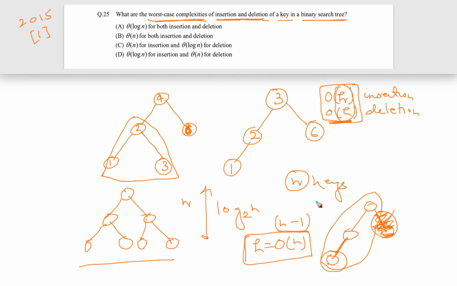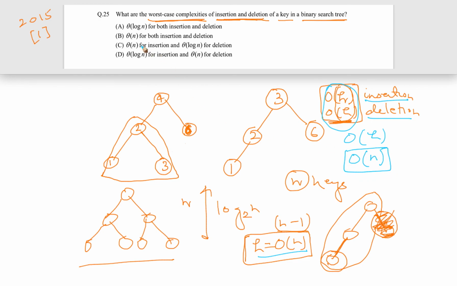But we already understood that our insertion and deletion algorithm takes order h time. But what is h? h is order n. So our insertion and deletion algorithm in the worst case will take order n time.